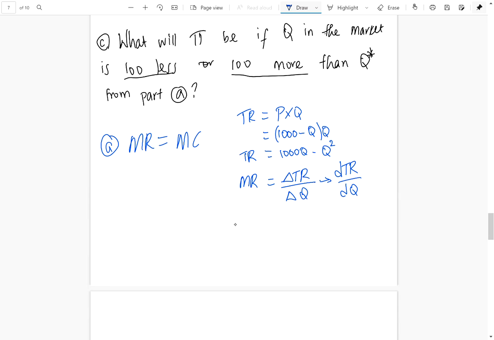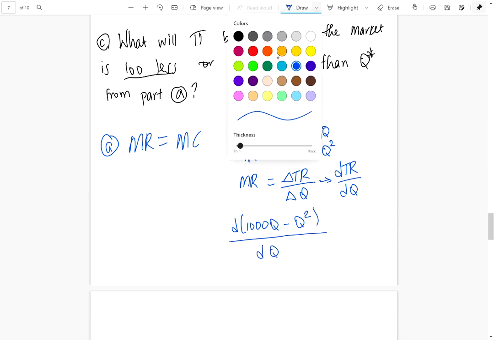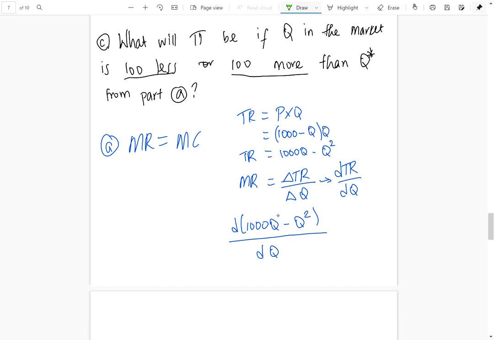We have that total revenue is 1,000Q minus Q squared, and we're going to take that derivative with respect to Q. The formula for this derivative is to bring the power down, multiply it, and then subtract 1, right? So we'll bring 2 down and then subtract 1.